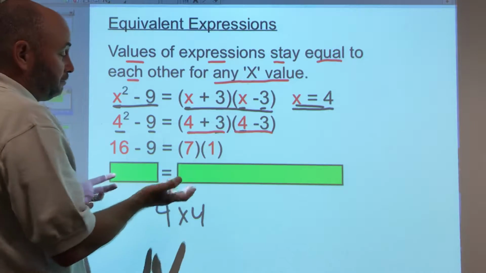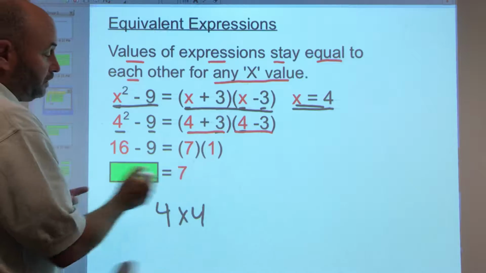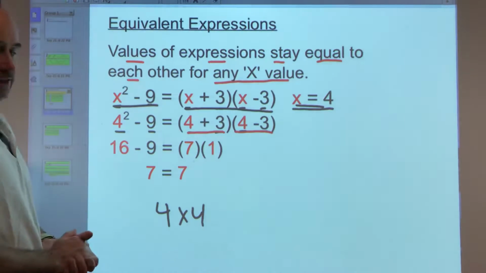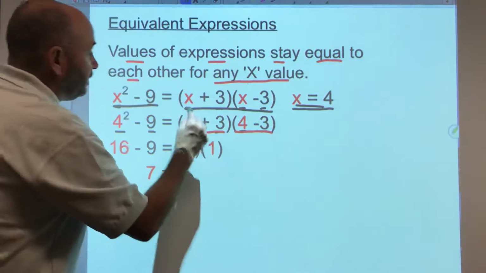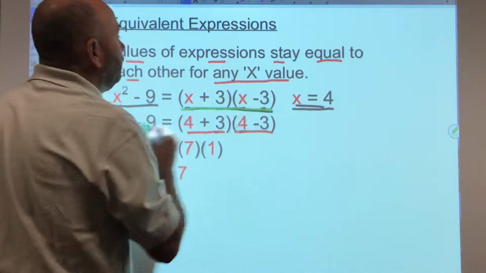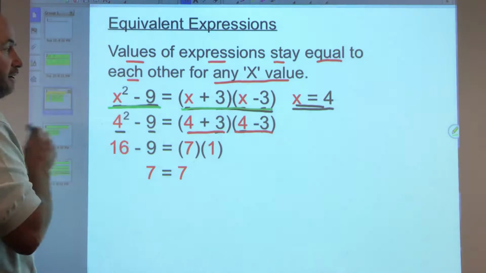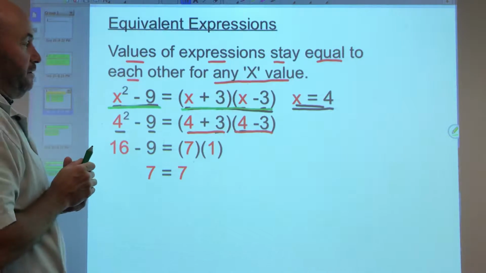So now we would simply do the multiplication, and we would have 7 times 1 is 7. And then, of course, 16 minus 9 is 7. And so we can see that this expression over here is equivalent to this expression right here. It's just that they have a different way of saying it, okay?